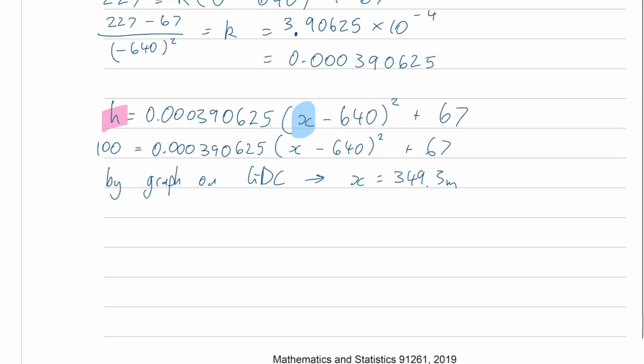The more algebraic way is to expand out this equation, take everything to one side to get a quadratic, and then solve. I'll leave that up to you to try. Try to use the quadratic formula or completing the square, or using polysolve on your calculator.